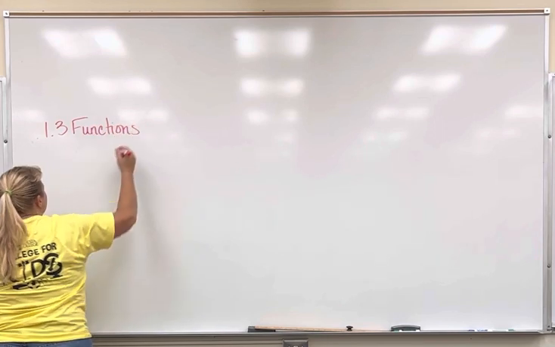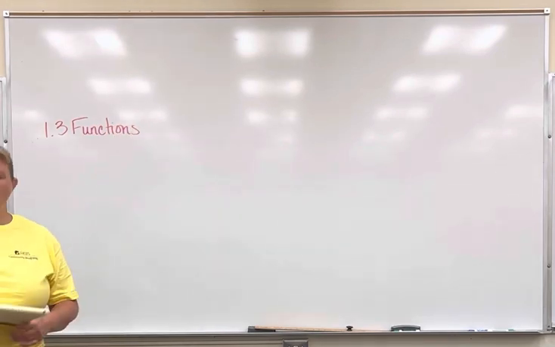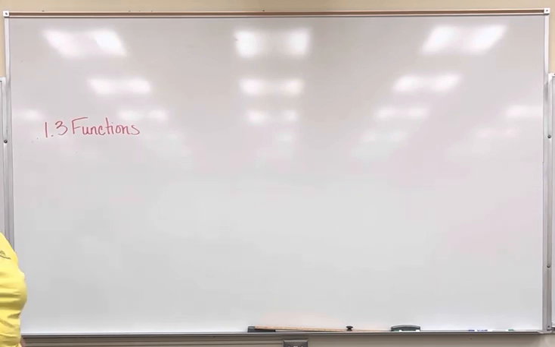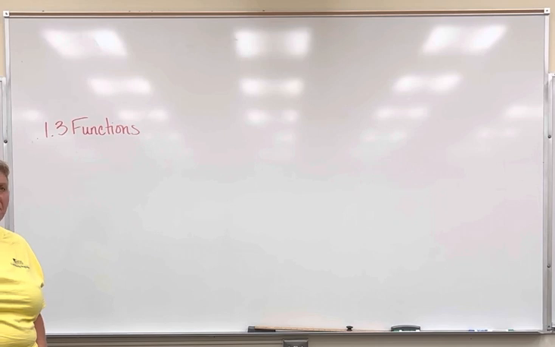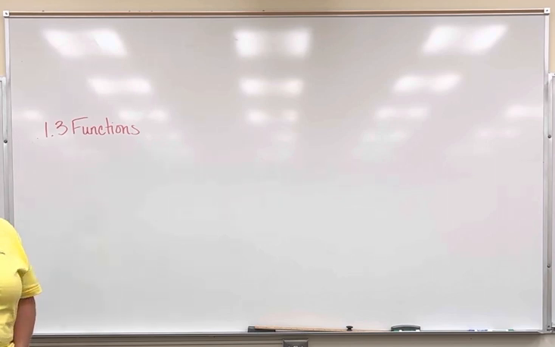And if you noticed, we're skipping 1.2, and the reason why is we really don't need to discuss in depth what is in 1.2. So really what we need to know is that 1.2 was all about relations. So before we define a function, we're going to define a relation.